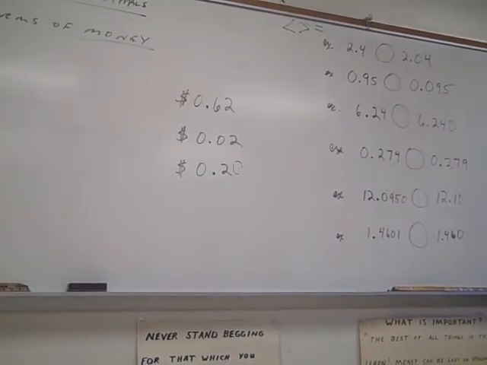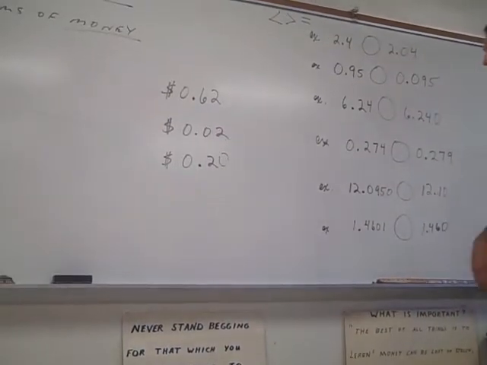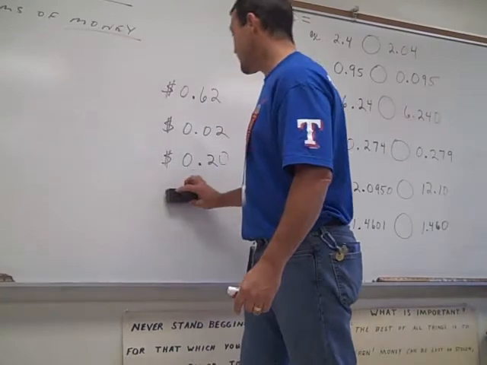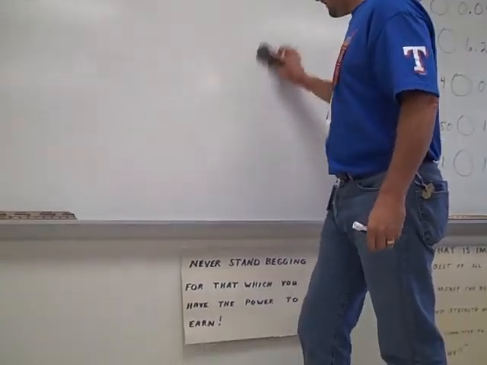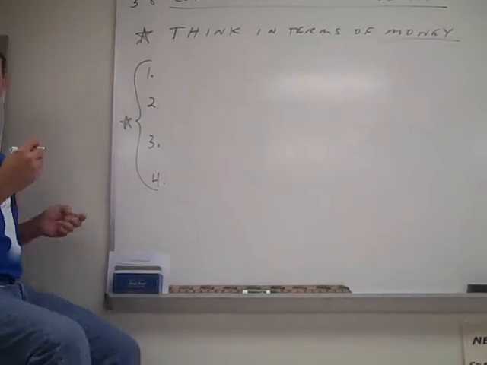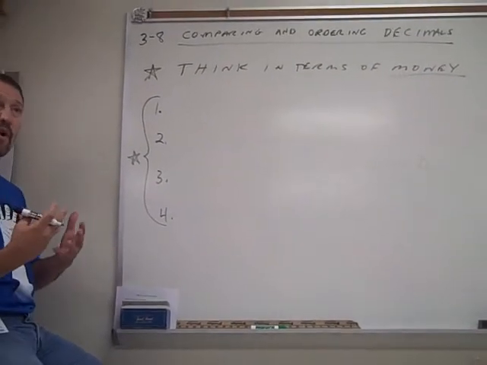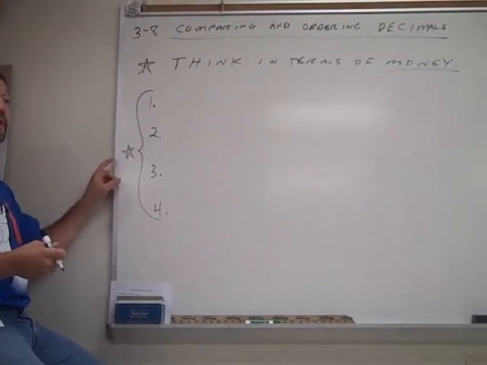So think in terms of money. That's the first method. Sometimes thinking in terms of money gets difficult. So, there's another method. It has 4 steps to it, but they're all okay. Very quick. But there's 4 to it. That's why it's the other star.